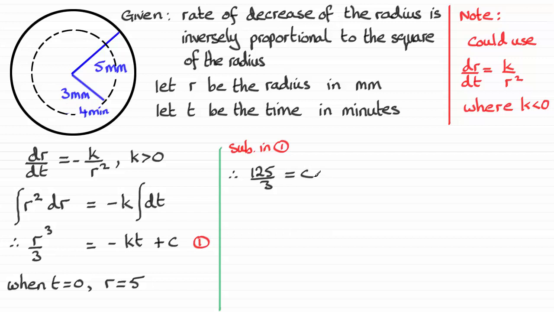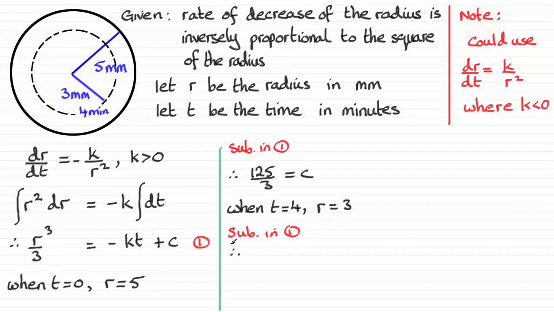Now I need to work out what k is. And I can easily do that now just by using this other condition. And that is that when t equals 4, we know that the radius r equals 3. And so if I, again, substitute these values back into equation 1, then what I get is that radius 3, when you cube it, that's going to be 3 cubed, 27.